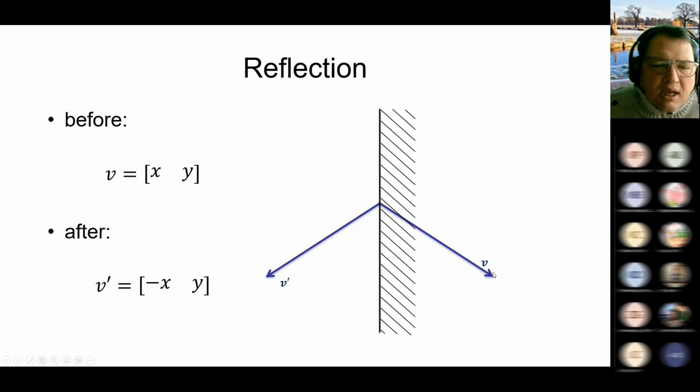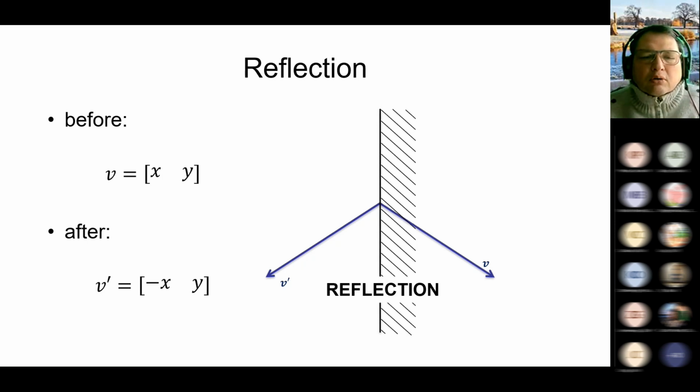But now, instead, it will bounce off and get this vector v prime or v final. And this is what we call reflection. If you look at it, it's ideally symmetric and it looks like a reflection in a mirror. This is why it's called reflection. So this was a special case of reflection from a vertical wall.